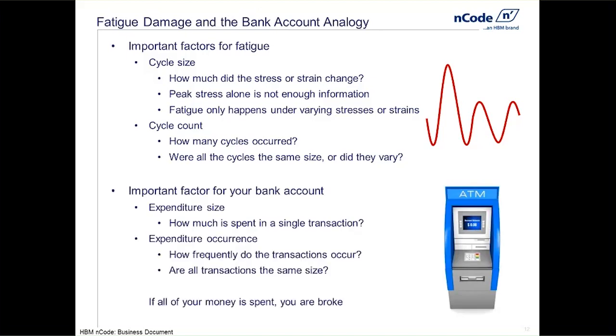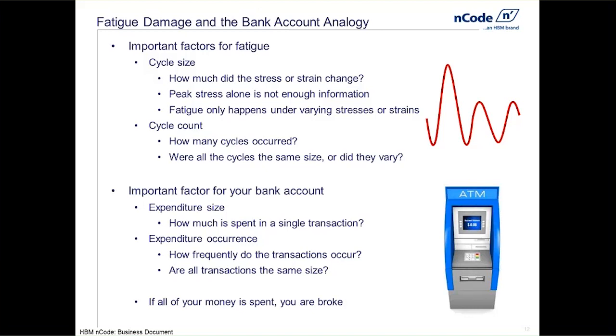We can use a bank account analogy to think about this concept of fatigue damage. Okay, so we know each cycle contributes some amount of damage to the part. So you can think of damage kind of as a principal amount in your bank account.